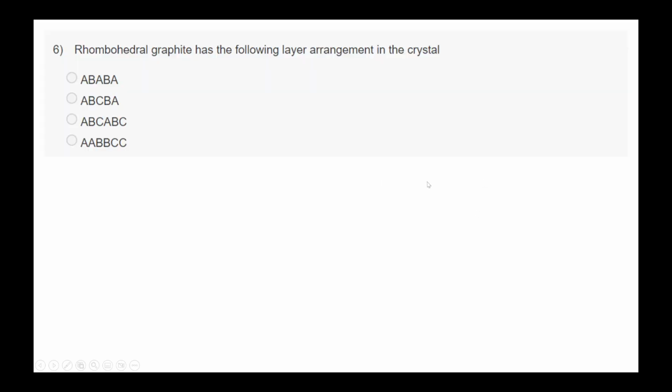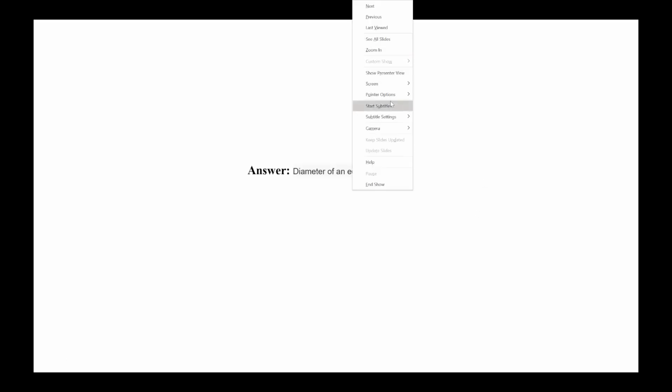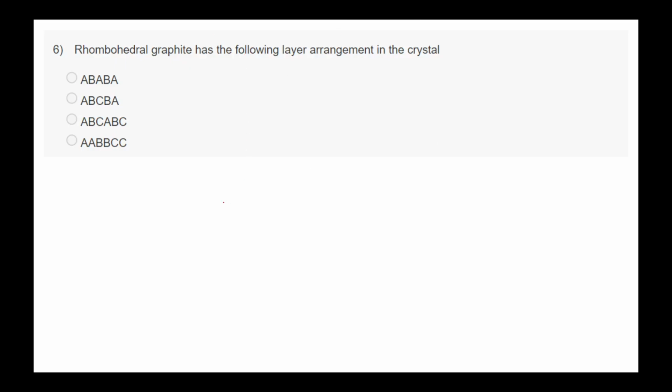So the diameter of the equivalent surface was the answer to that question. But now again, let me get my pen. This is the thing which I just explained in the slides. What was the arrangement in RG and HG, which I just explained? AB, AB, AB, or ABC, ABC?